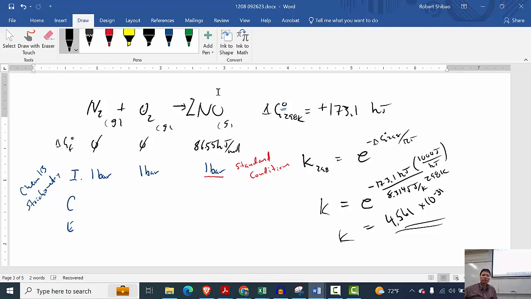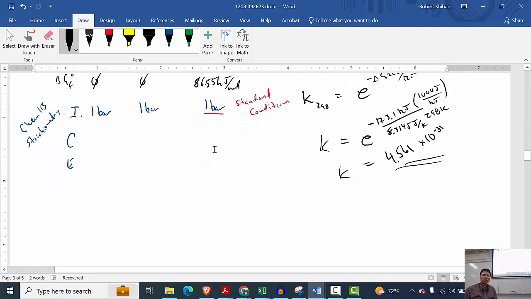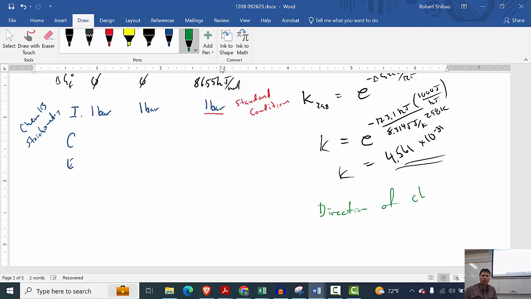Instead, what we can do is figure out the direction of change by calculating Q initial. Q is just what we're given.